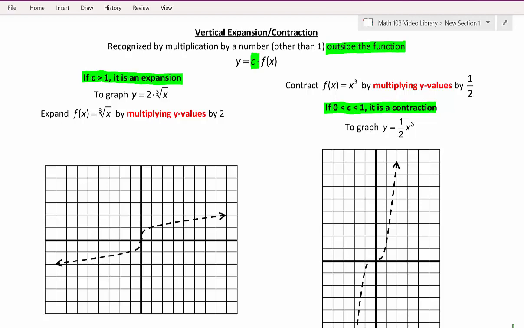So in order to graph y equals 2 times the cube root of x, we're going to start with our parent cube root function, and then we're going to expand it by 2 by multiplying all the y values by 2. So we'll start with our 5 points.